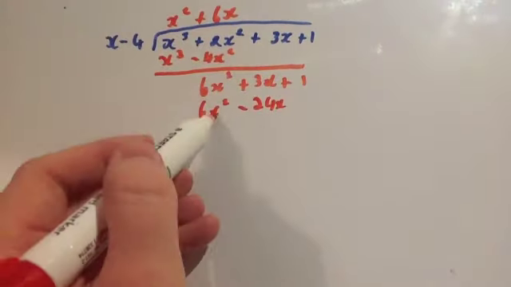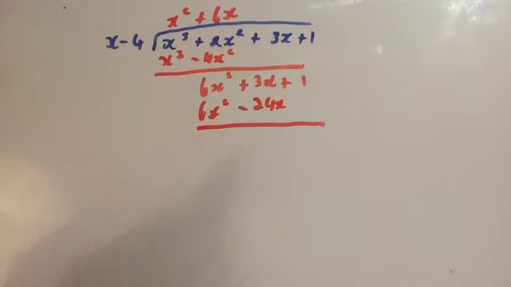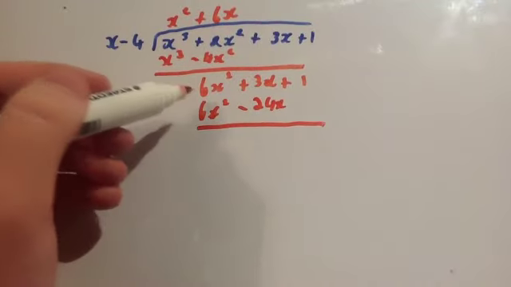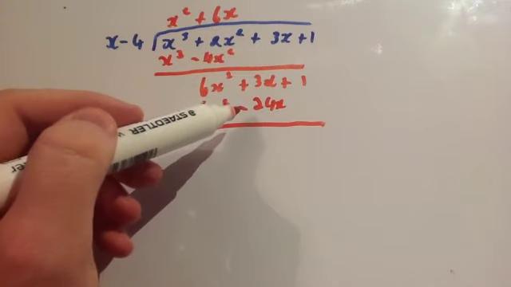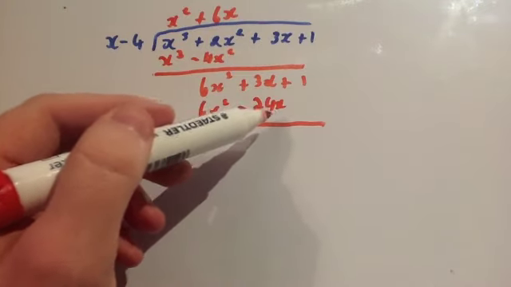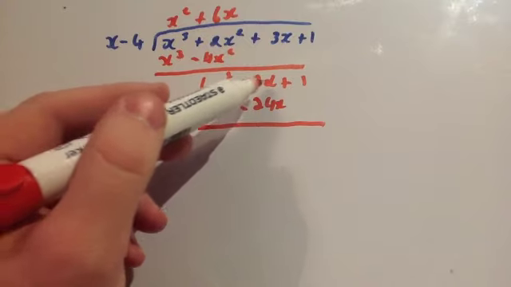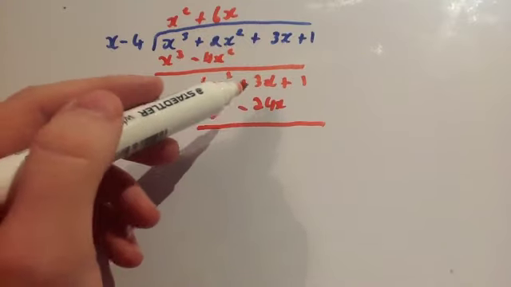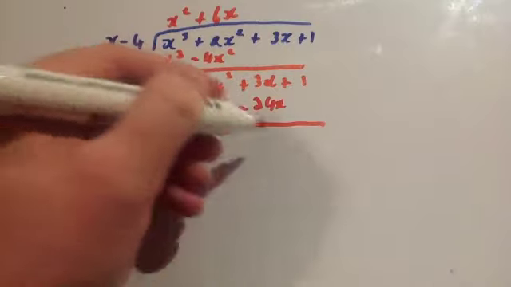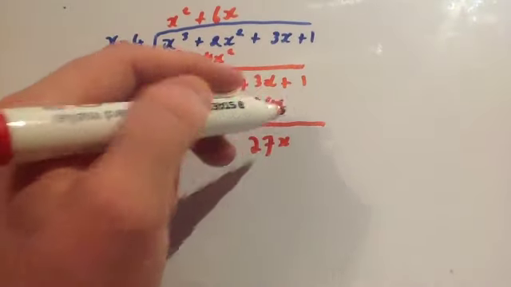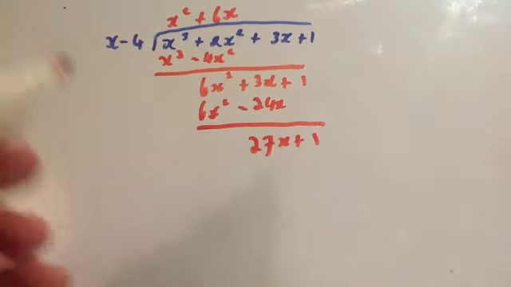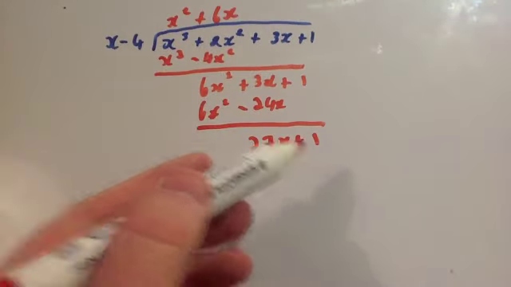Now we're going to take them away again. 6x squared take away 6x squared is 0. 3x minus minus 24x is 3x plus 24x, which is 27x. And 1 take away nothing is plus 1. So now I've got 27x plus 1.